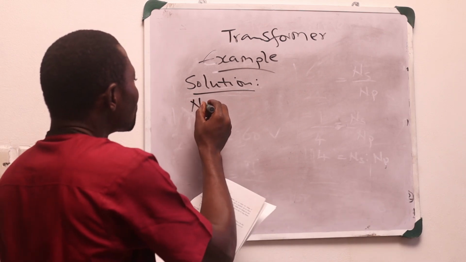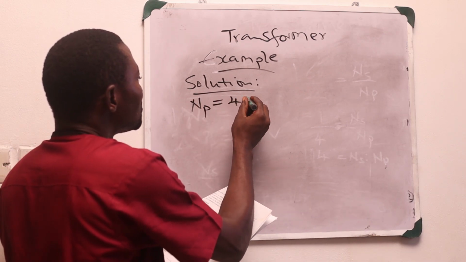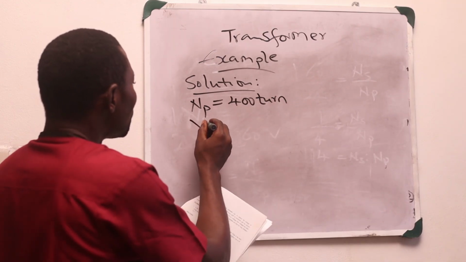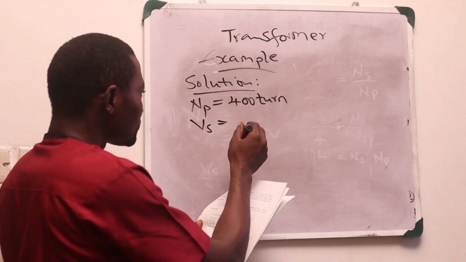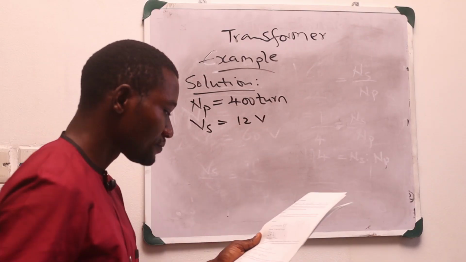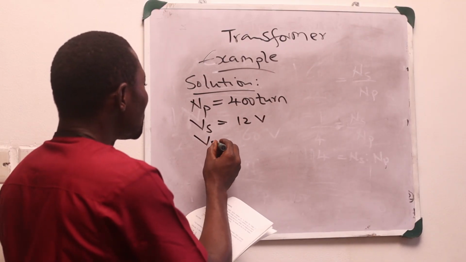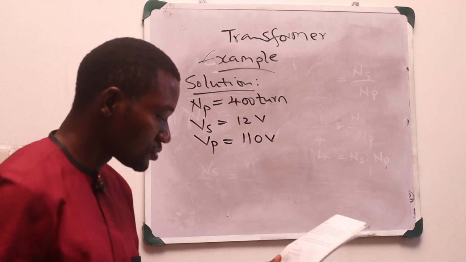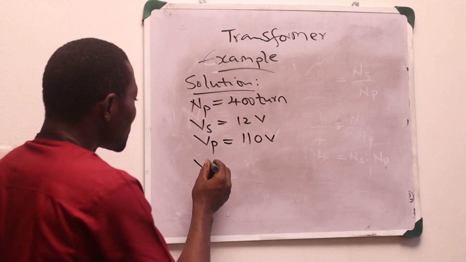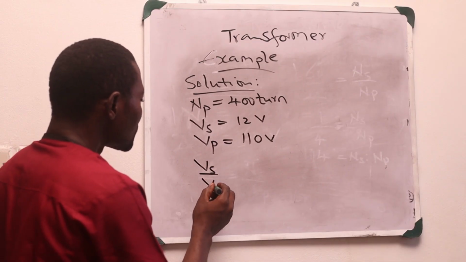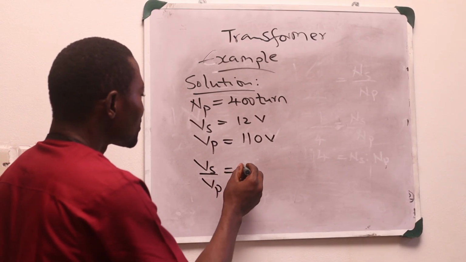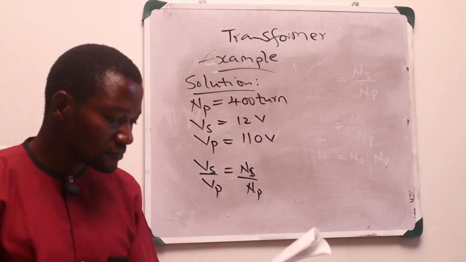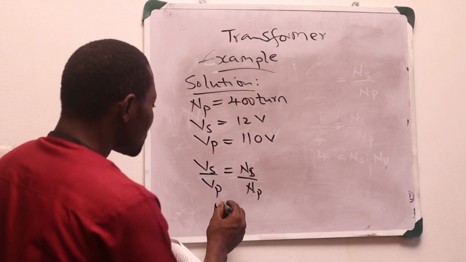We know the number of turns in the primary to be 400 turns. The voltage in the secondary is given as 12 volts. The voltage in the primary is given to be 110 volts. So using our transformer equation, Vs over Vp equals Ns over Np. We are looking for Ns.